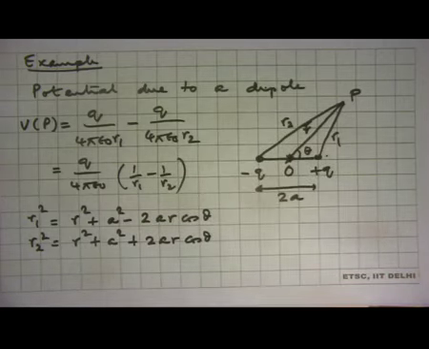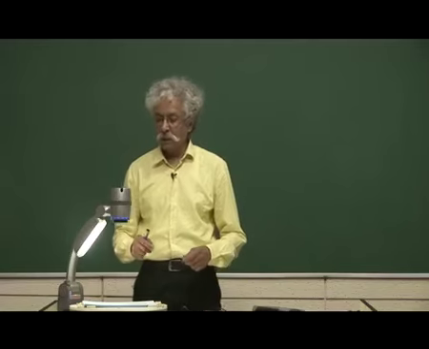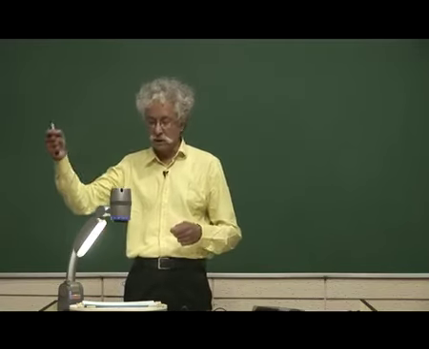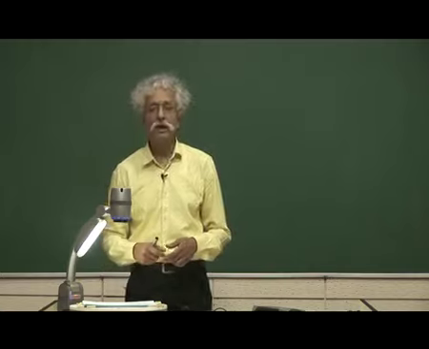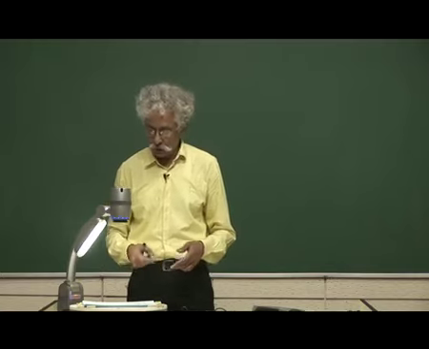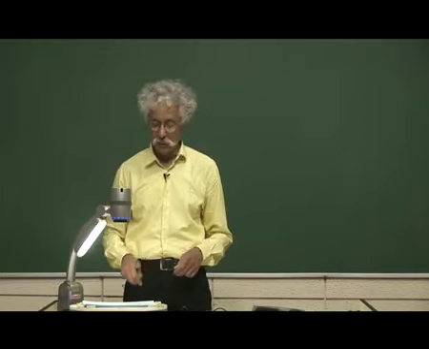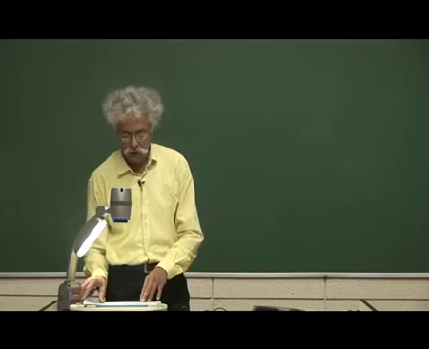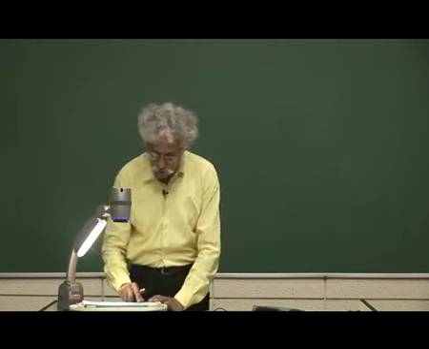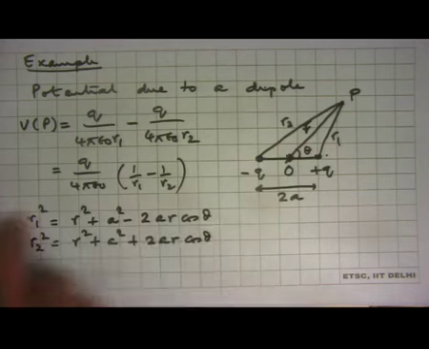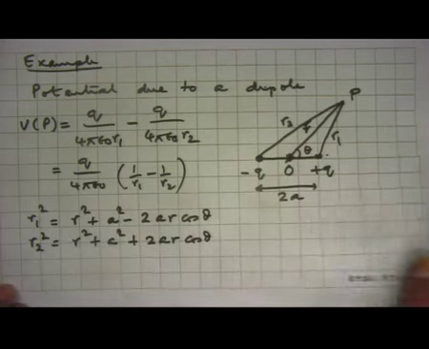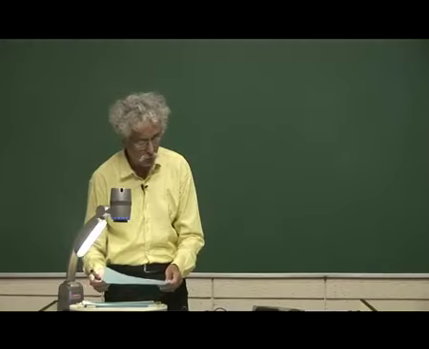Now, we had also introduced a point dipole, where the dipole size is very small compared to distances. Let me calculate an approximate expression for the potential when the distance r becomes very large compared to the size of the dipole. If r is much greater than a, I can make an expansion and obtain approximate expressions for r1 and r2.